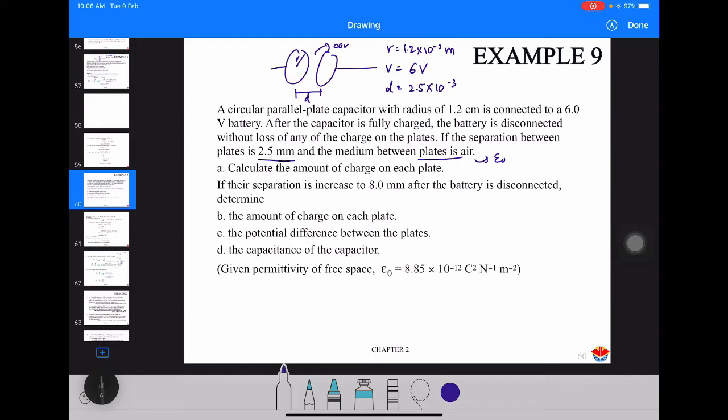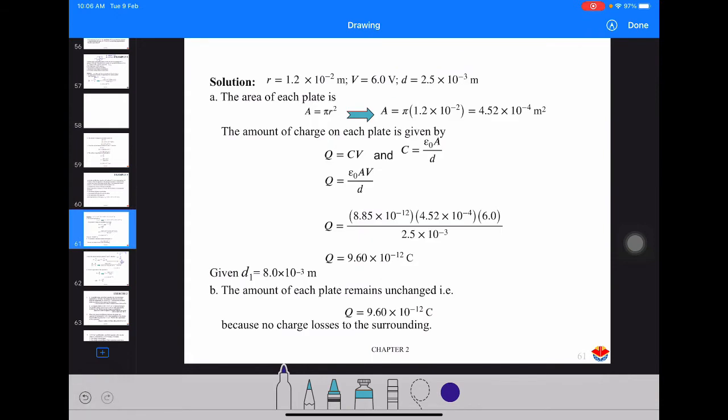Calculate the amount of charge on each plate. If the separation, that one is the next question, so question A, you can solve that one first. If you want to calculate the amount of charge on each plate, you can calculate using Q.